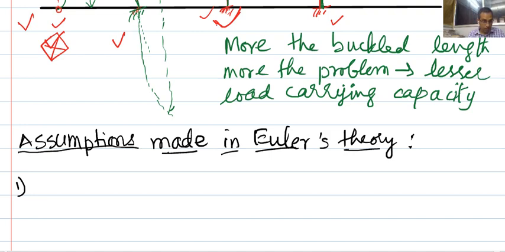So, the first important point is that the column is initially perfectly straight before the loads are applied. That means, if I take a column, this is a column, but if I bring a column somewhere, something like this, right.